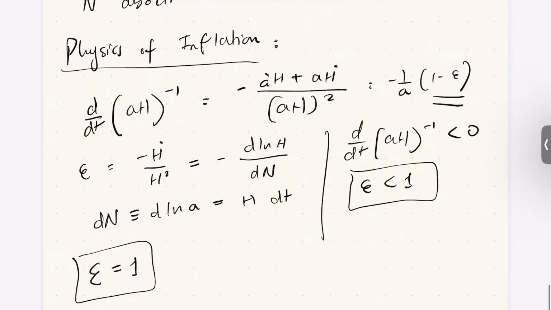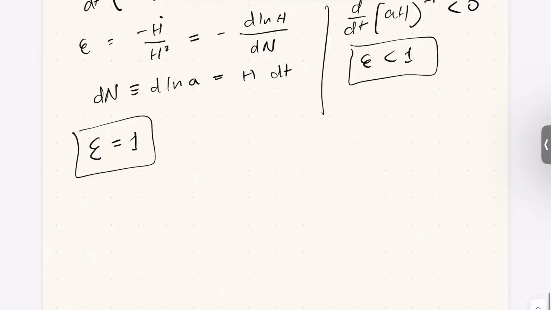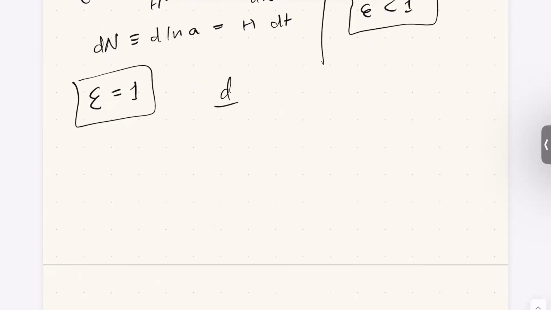If you look at it from here, when epsilon goes to 1, this whole thing becomes 0, right? So what happens if it becomes 0? What does it mean? This becoming 0 essentially gives you the fact that the evolution of the comoving Hubble radius is 0.